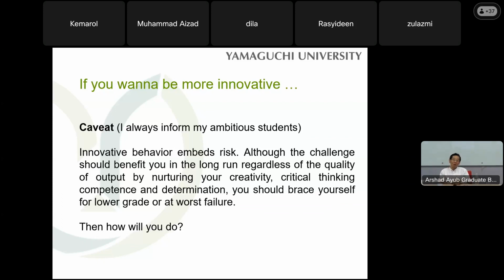So it may be a very precious asset for you in the long run, regardless of the quality of the output, because a very challenging project will nurture your creativity, critical thinking competence, and determination.